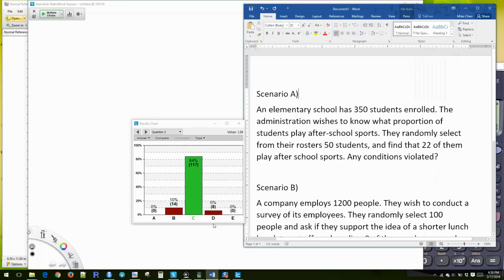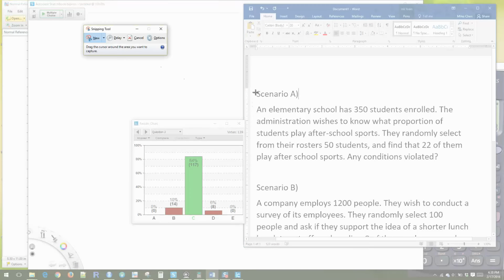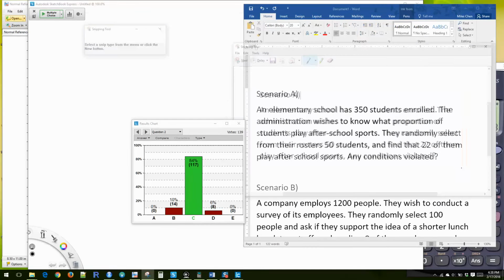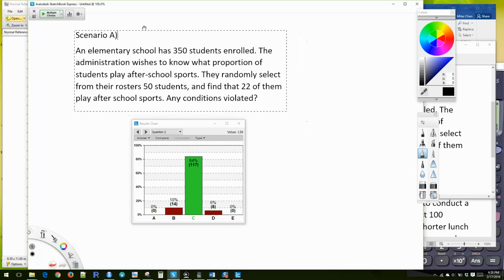So let me copy this. Okay, so the 350 students are our population. We took a sample of 50 students, okay? So this is our population. This is our sample.